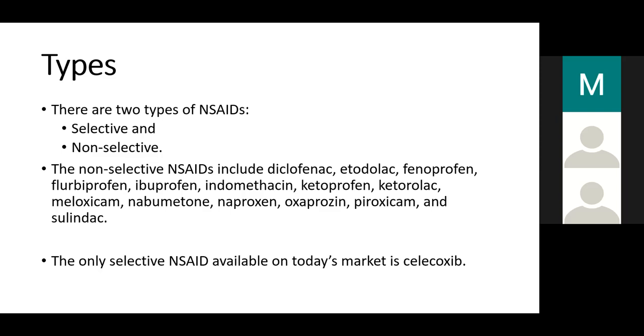Those are very common on the market. They are non-selective. The only selective NSAID that is on the market is celecoxib. The common name is Celebrex. Yes, Celebrex is what we commonly have on the market, and it's a selective non-steroidal anti-inflammatory drug.